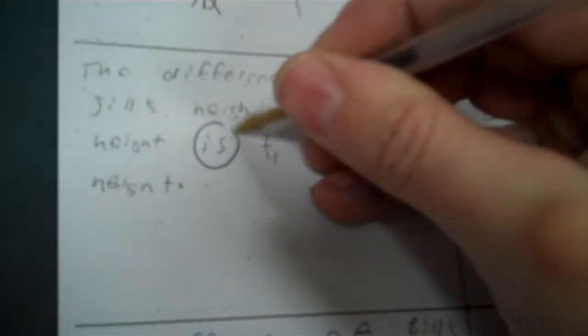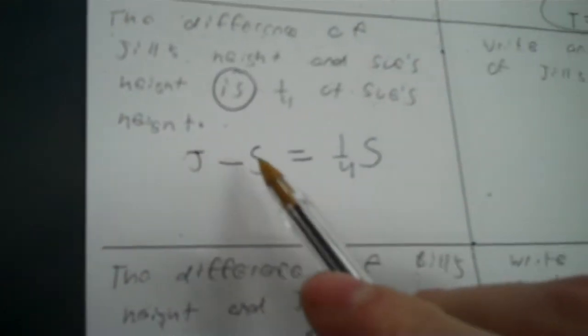Okay, the next one. The difference of Jill's height and Sue's height is 1/4 of Sue's height. So there's that is. Okay, difference is minus, and J minus S. Now, fraction of Sue's height, you just write 1/4 S. We have to get Jill's height, the J, by itself. Now, my J this time, okay, look at your S. You have to get rid of the other letter.